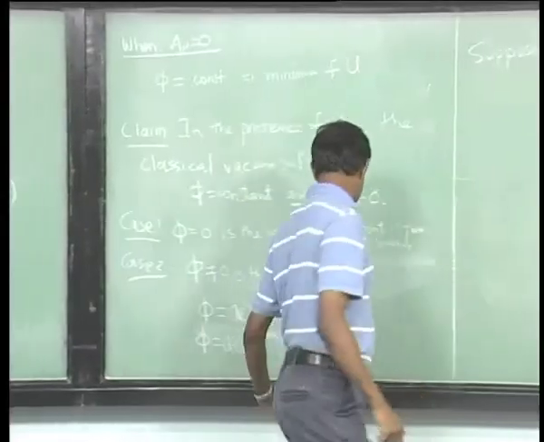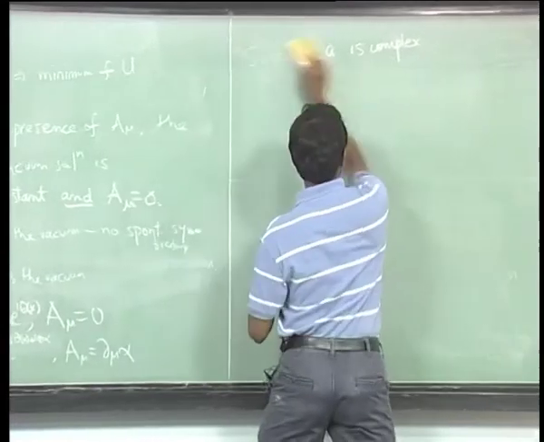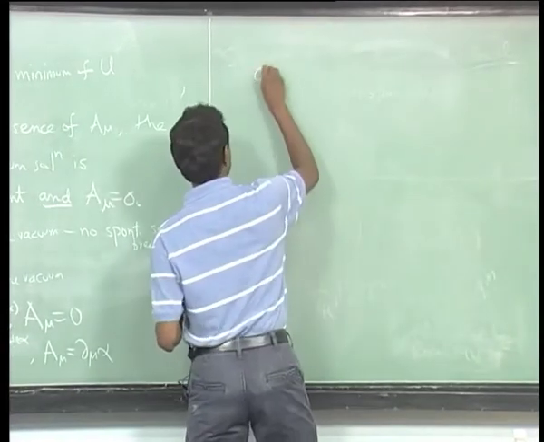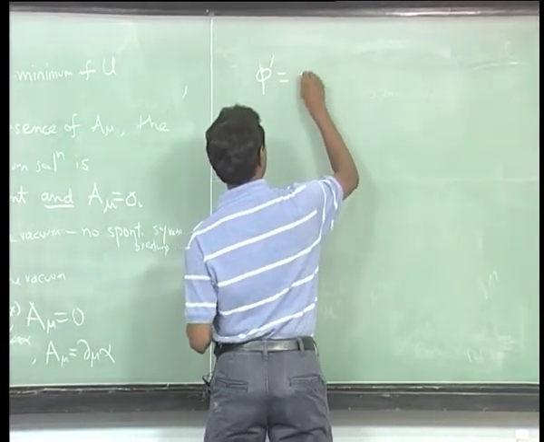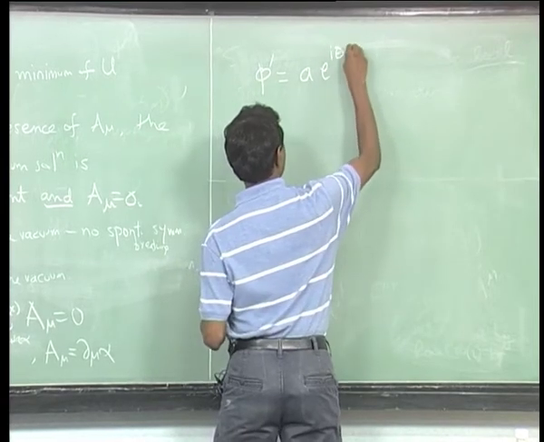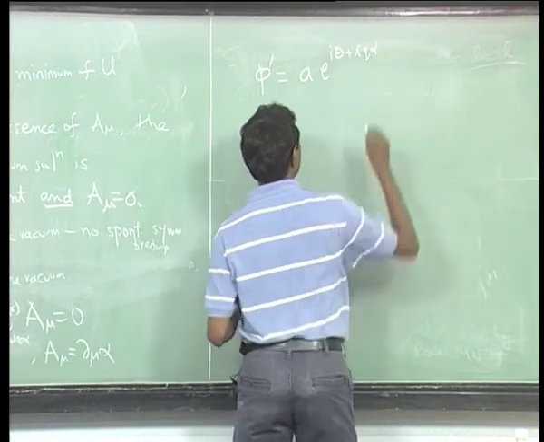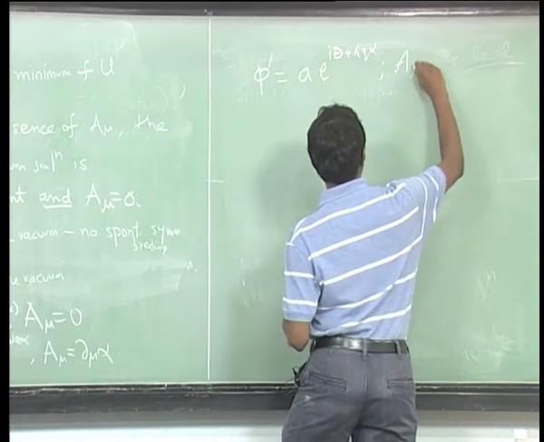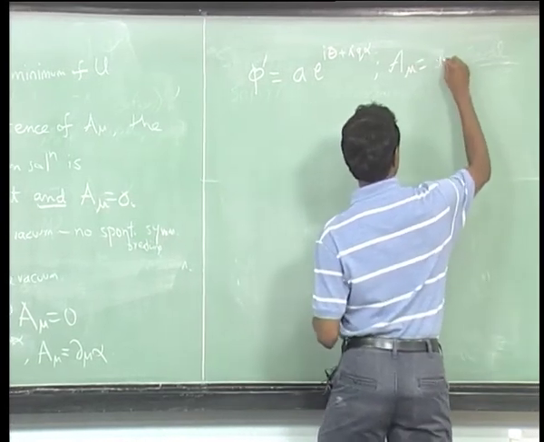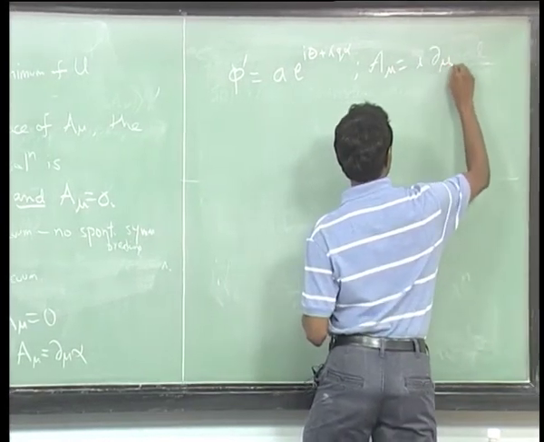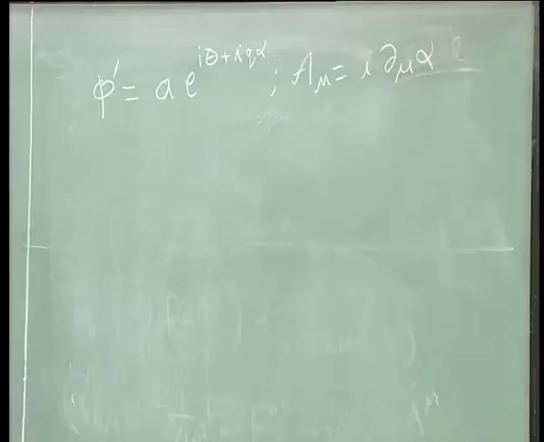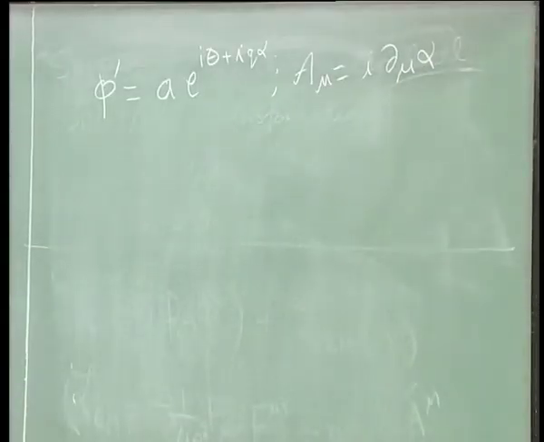So, that phi prime I could write as a e power i theta plus i q alpha. I have just written a gauge equivalent configuration.